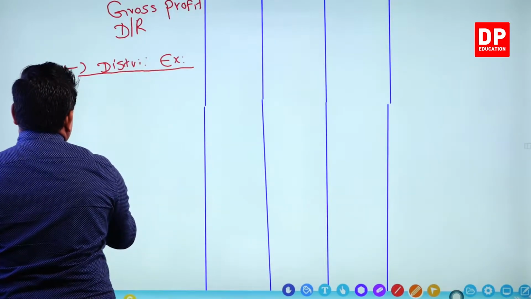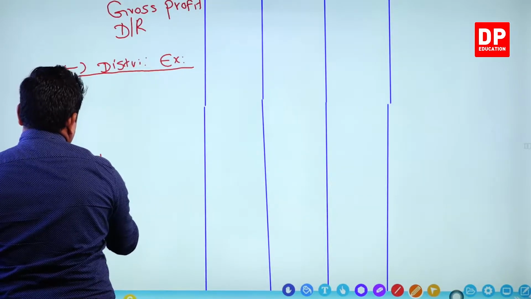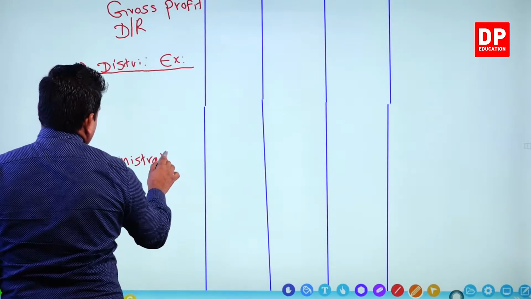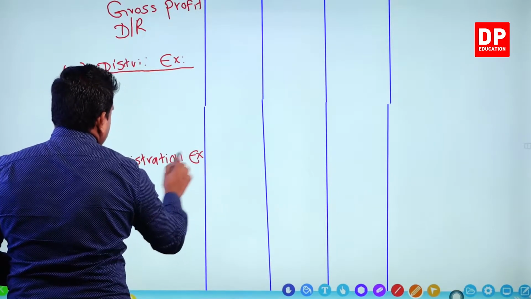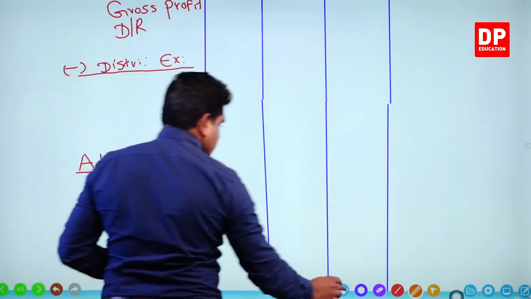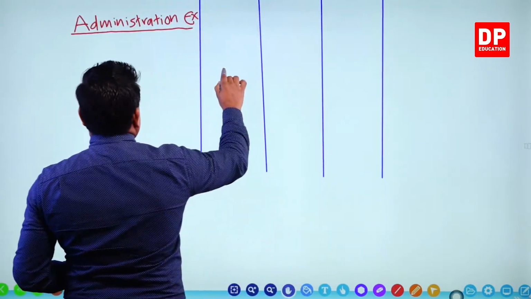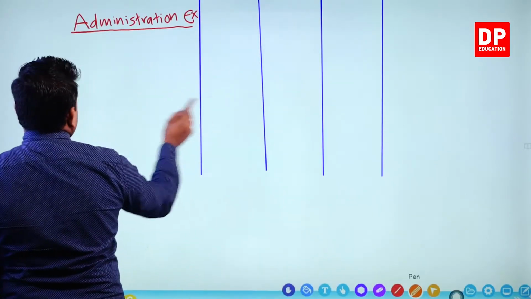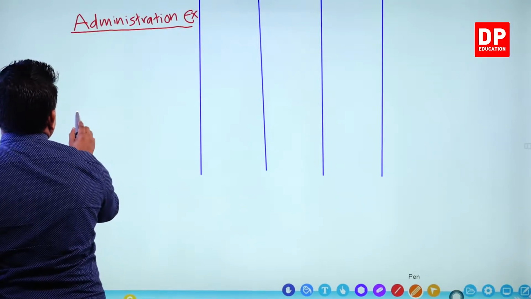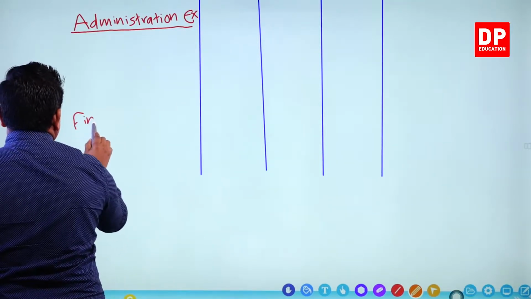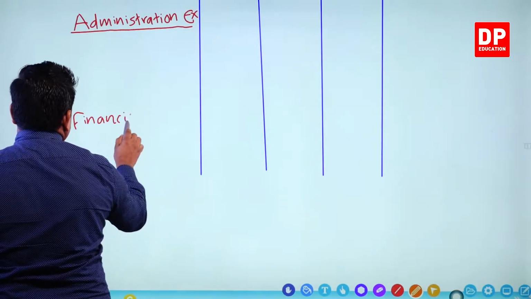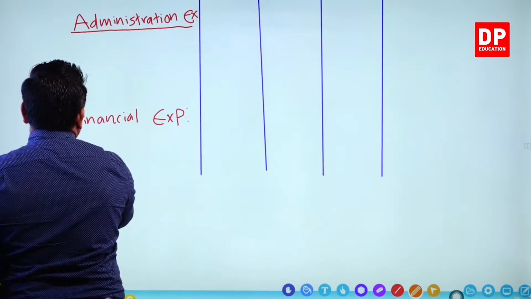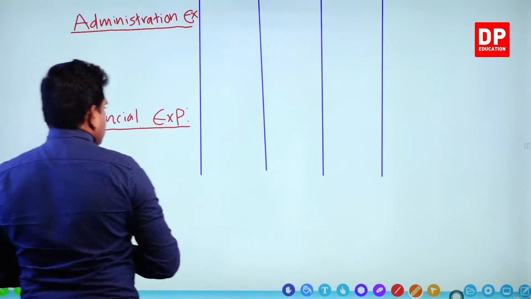Then administration expense, and you give enough space to write it. Finally we write financial expense. Finally financial, easy to remember. Then you can keep this format.